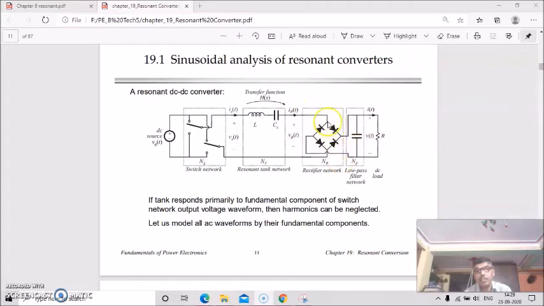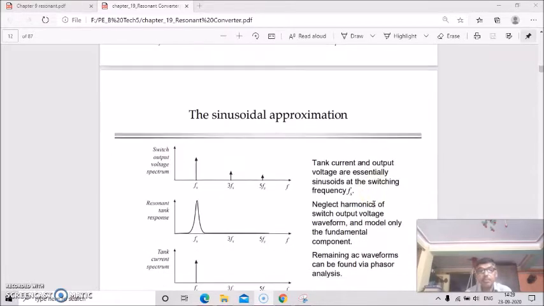This is the rectifier network, this is the filter network, and this is the load that we have discussed. If the tank responds primarily to the fundamental component of the switch network output voltage waveform, then harmonics can be neglected. Let us model all AC waveforms by their fundamental components.